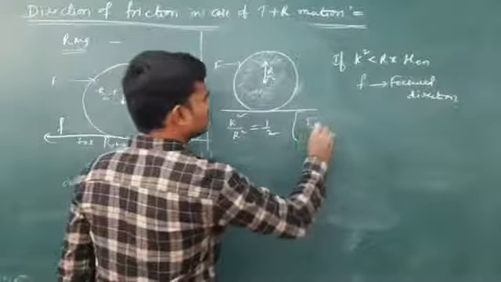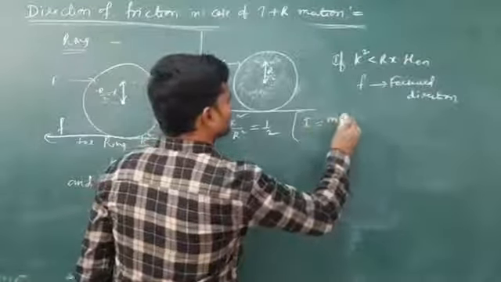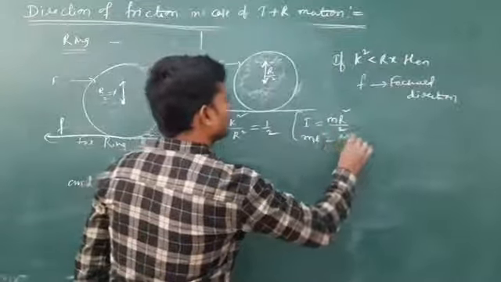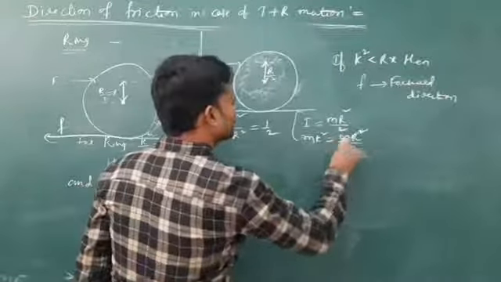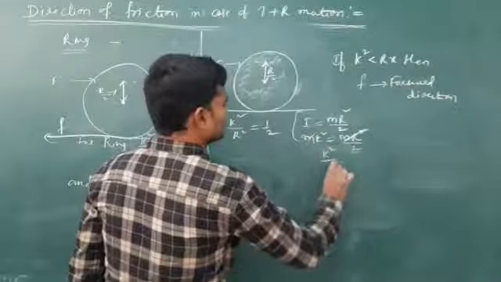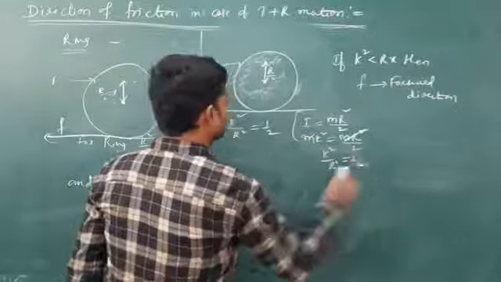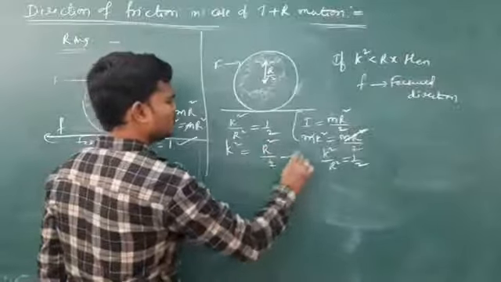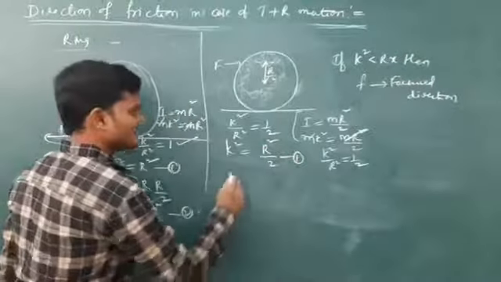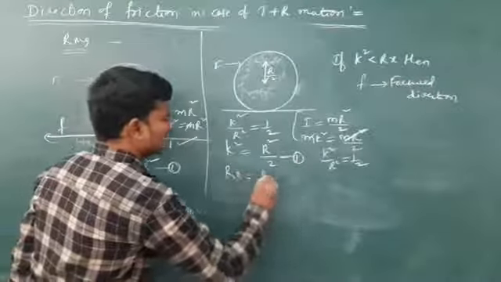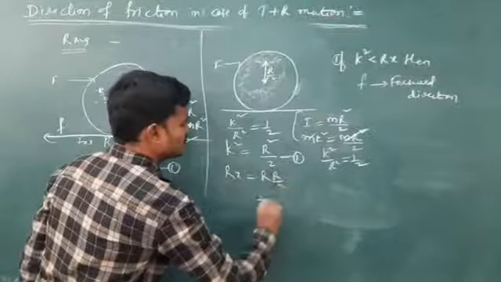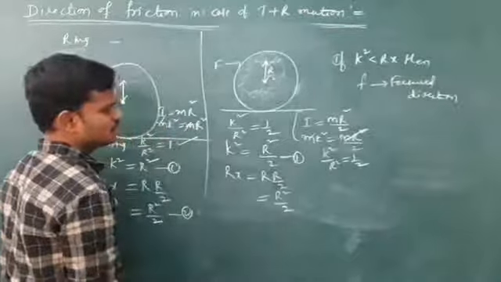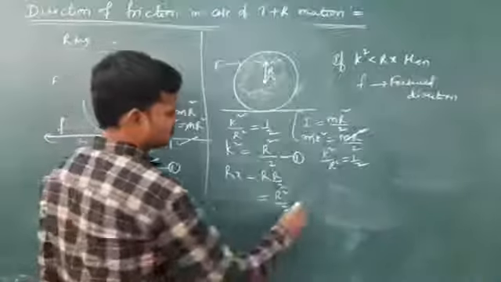Because I is equal to m r square by 2, and this is m k square. Mr square by 2 gets cancelled. K square by r square is 1 by 2. So k square value is r square by 2. And find the Rx value. x is again r by 2, so r square by 2. So both are same.